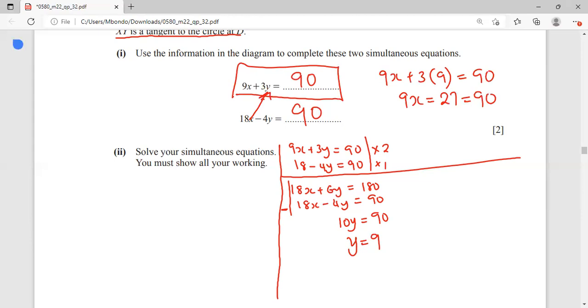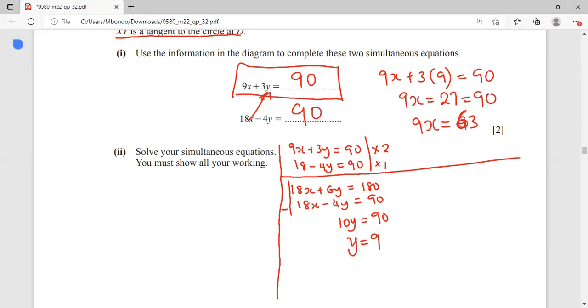All right. So let's subtract there and see what we're going to get. What do you get? 9x is equal to, what are we getting there? When you subtract, you'll be able to get, is it 63? Yeah. We're going to get 63.